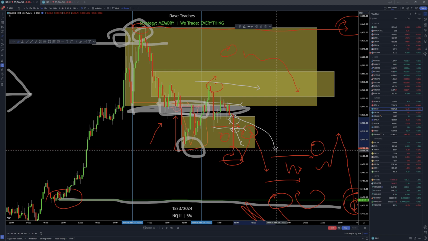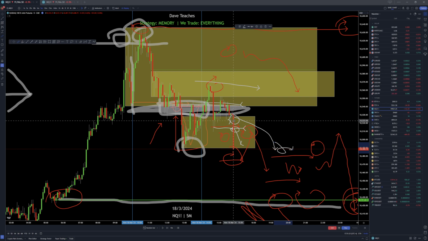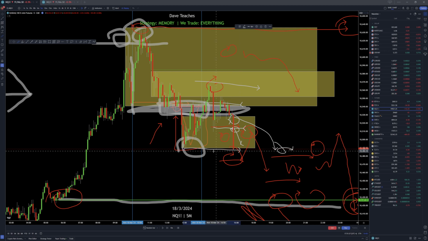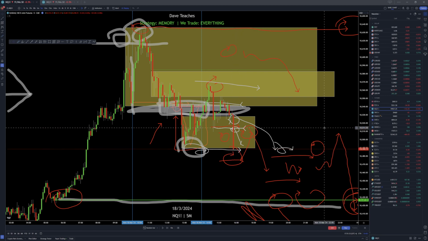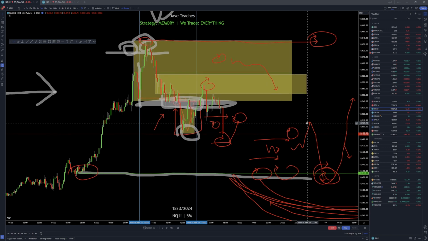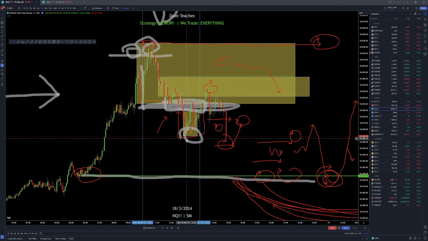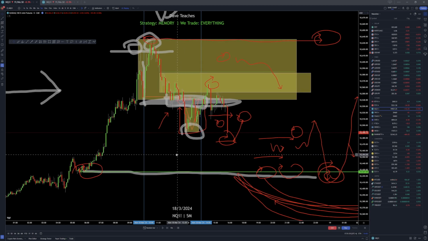If you're trying to move with price and get ahead of the momentum. But even with that, that 4 hour low is what we were looking for, right? We kept saying it over and over again. It's that previous 4 hour low that we're looking for.